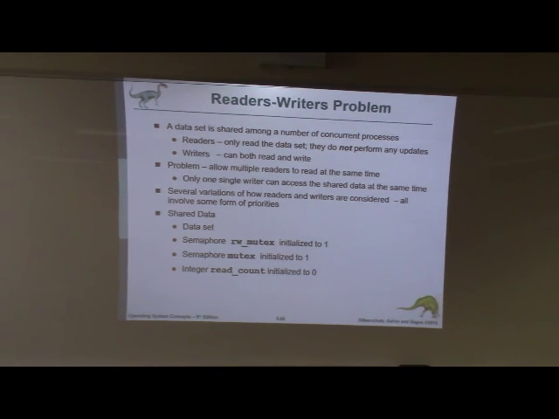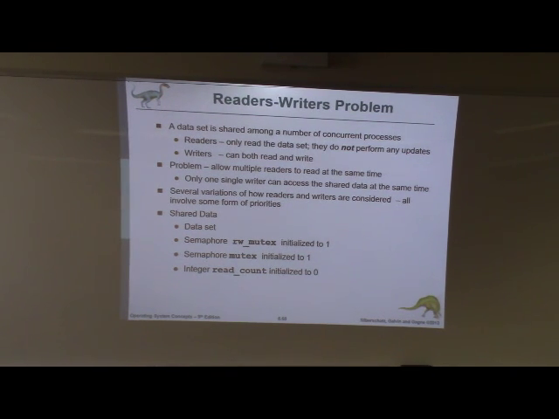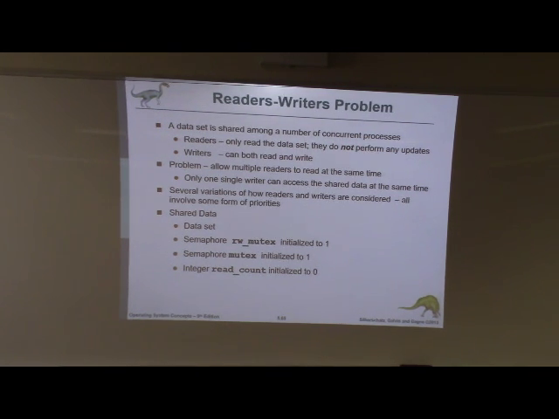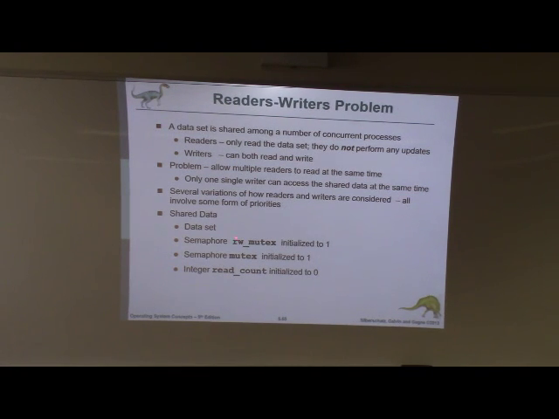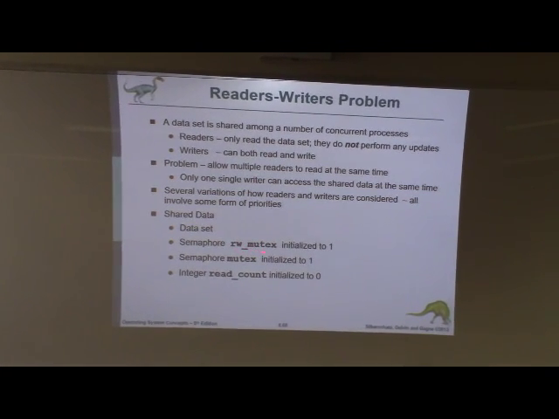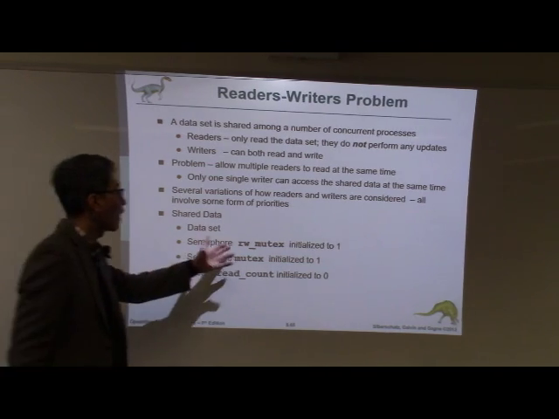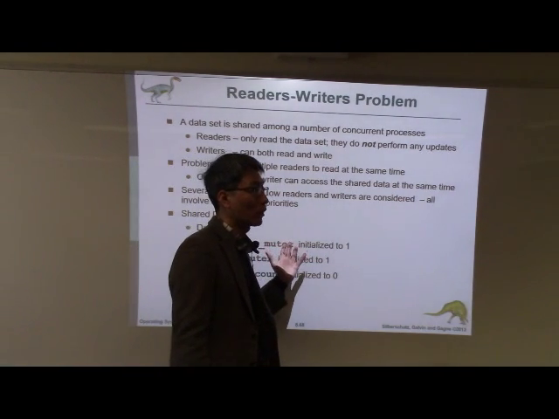Which means we need to manage the number of processes that would like to read the data, and for writing, we can use a mutex because it's only one. Until you get the mutex lock, you cannot write the data. That's the reason we need the read-write mutex lock. This doesn't have to be a counting semaphore.